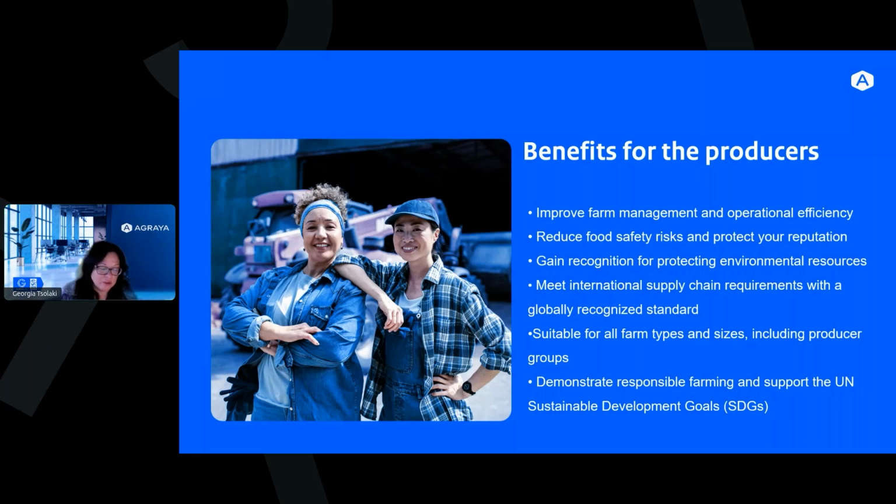As I already mentioned, GLOBALG.A.P. solutions are globally recognized by the retailers and by the market, and a certificate against IFA for combinable crops is the evidence to demonstrate that the producer implements responsible farming techniques in the farm. Of course, it is a tool to improve the farm management and operational efficiency in the farms. It also reduces the risks for food safety and protects the reputation of their farm.